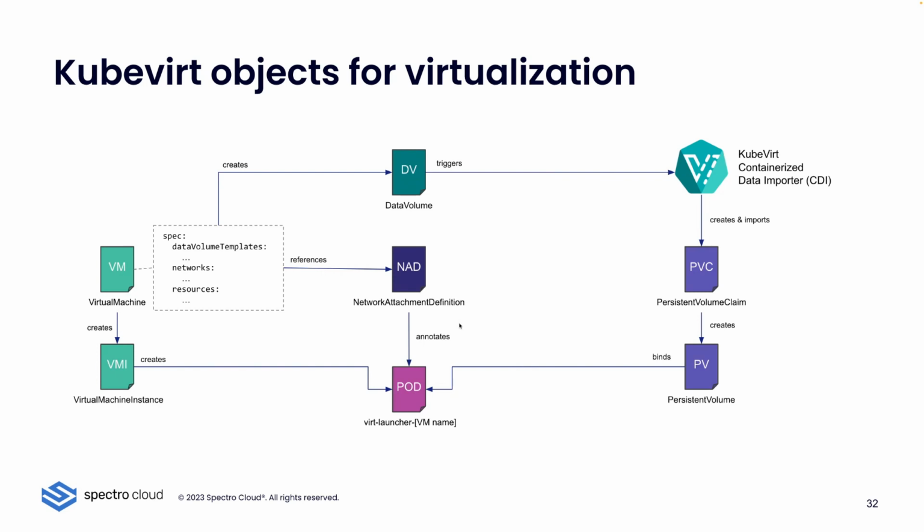KubeVirt also has a concept called data volumes, using the KubeVirt Containerized Data Importer, which allows the creation of persistent volumes with data imported onto them before they're handed over to the virt-launcher pod. This way, we can, for example, spin up VMs with the OS disk imported as a copy from a central disk template.